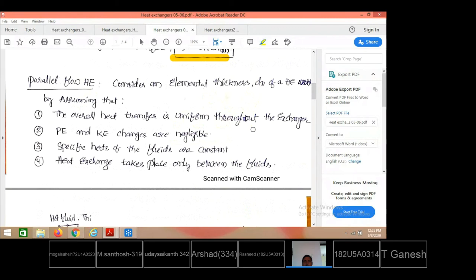Before we proceed to estimate delta Tm, we are making certain assumptions for a simple basic parallel flow heat exchanger.